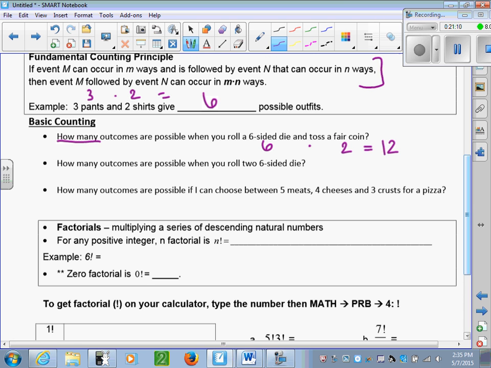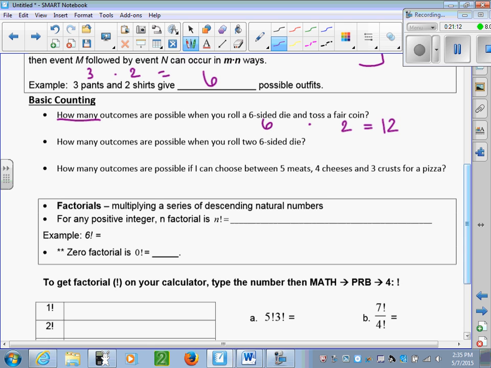Okay? Again, how many outcomes? How many outcomes are possible when you roll 2 6-sided dice? Well, that means I have 6 options for the first die, times 6 options for my second die. So I have 36 possible outcomes. Okay?